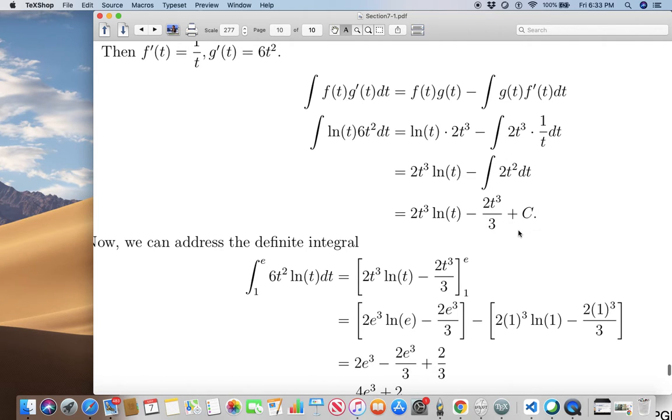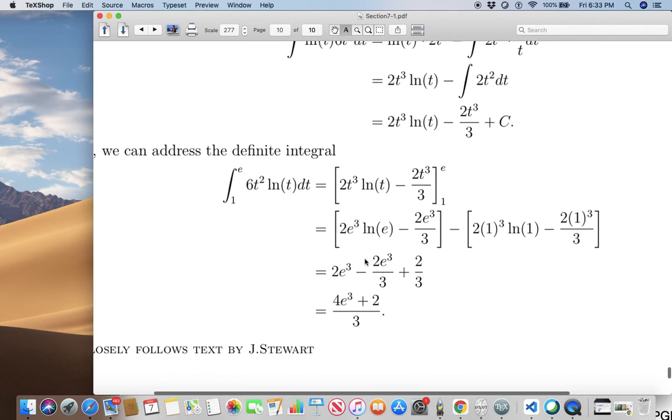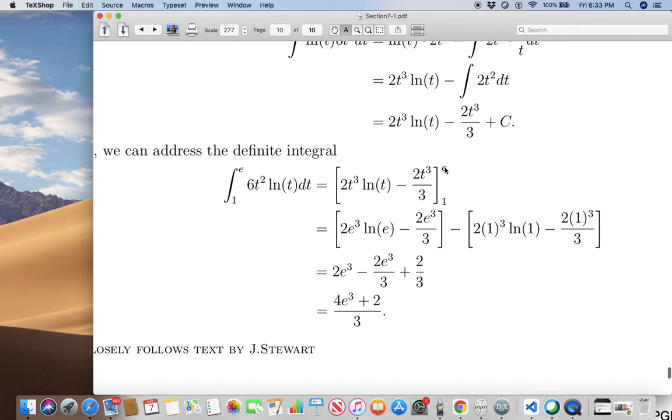Don't forget the constant of integration. So this is your indefinite integral. Now the definite integral is from 1 to e of this. So you're going to take this result, evaluate it at e, evaluate it at 1 and find their difference.